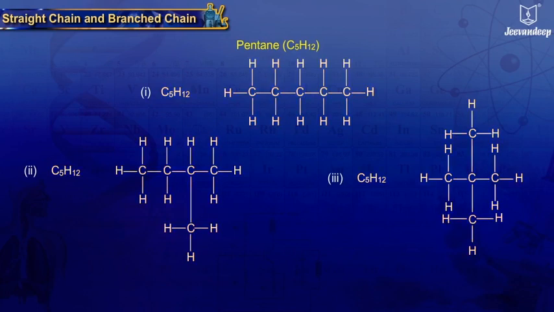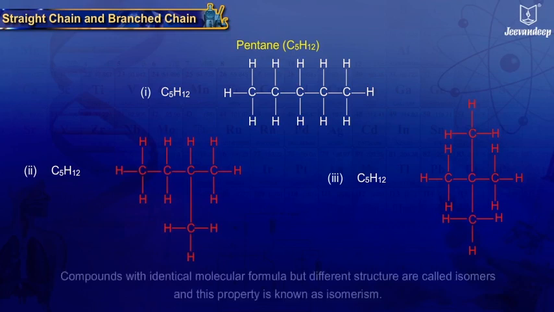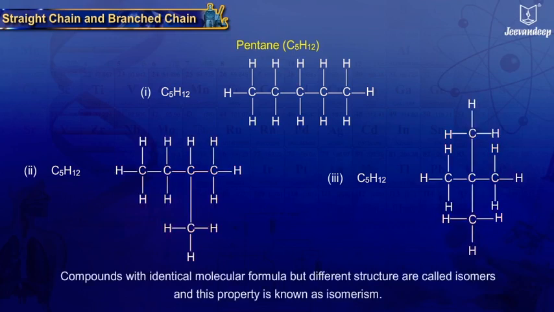These compounds can also have a branched chain. Compounds with identical molecular formula but different structure are called isomers, and this property is known as isomerism. Thus, these 3 structures are isomers.